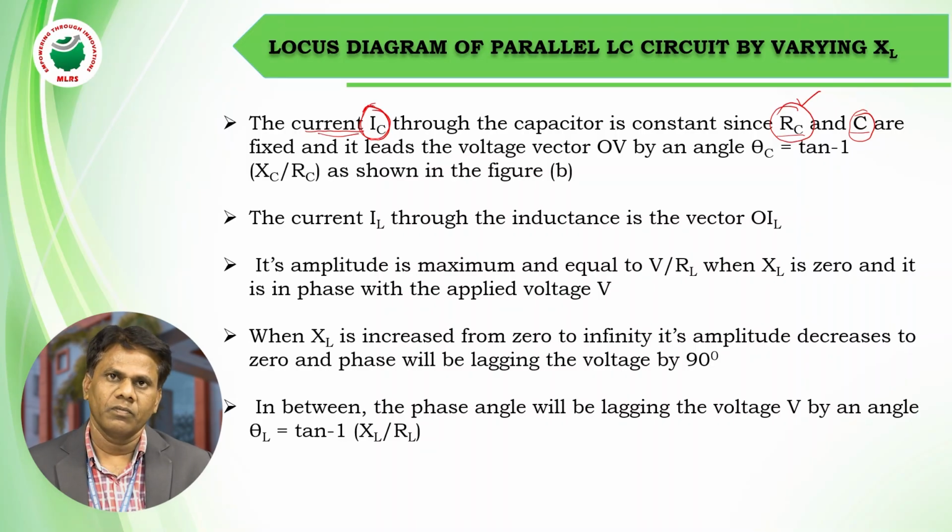Whereas XL is variable, so IL is varying. With the inductive reactance of the inductance varying, the current IL flowing through the inductance varies, whereas the current flowing through the capacitor is fixed. IC is constant because RC and C are fixed.